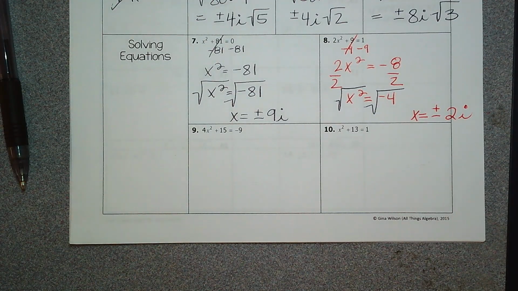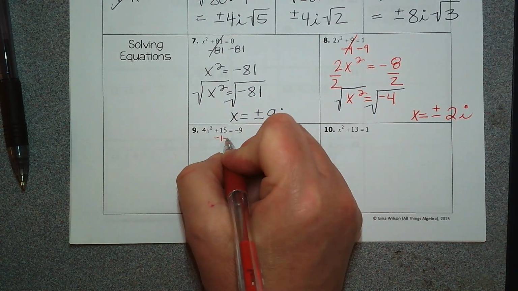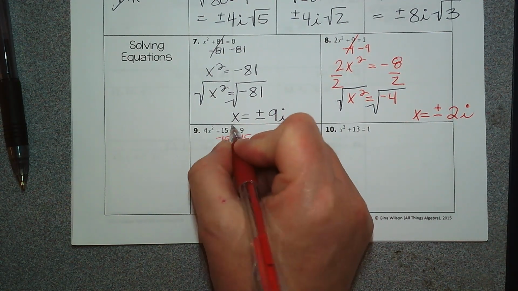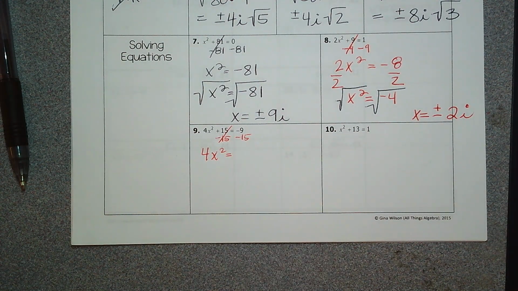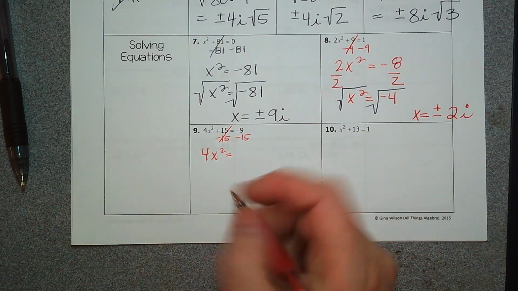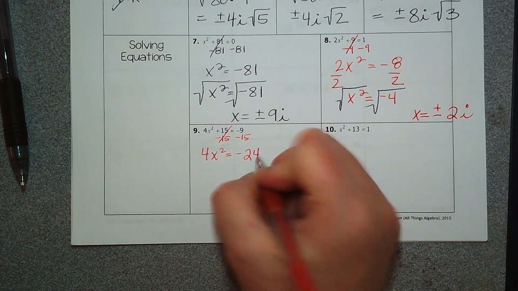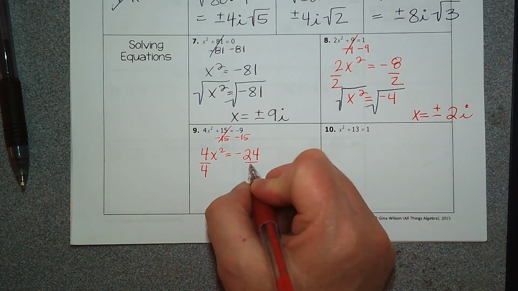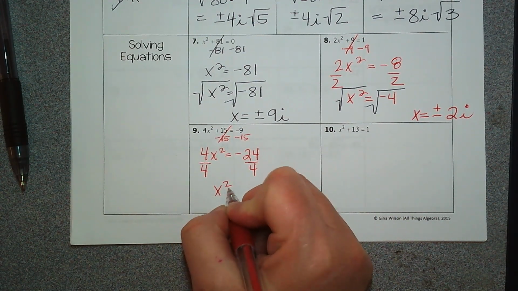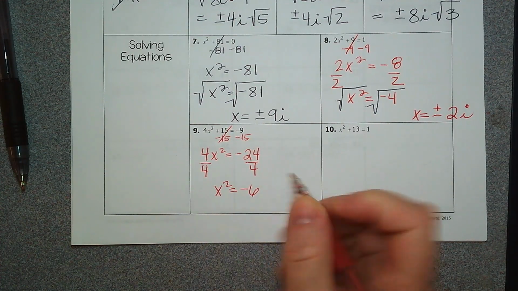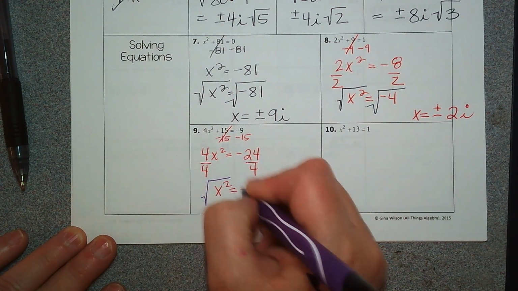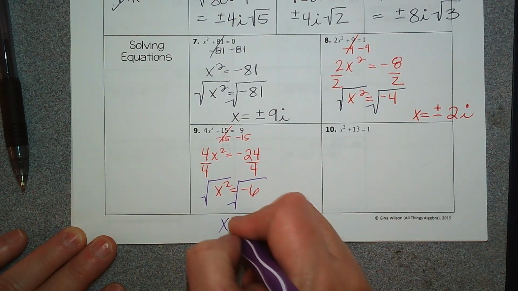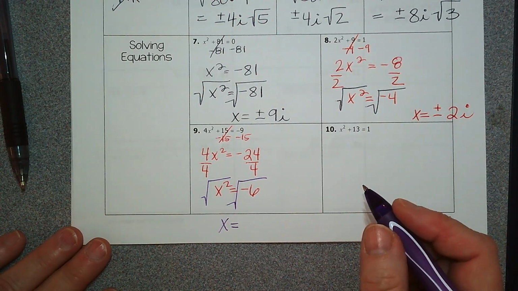Number 9, subtract 15. Divide by 4. Take the square root. Can I take the square root of 6 or simplify it?